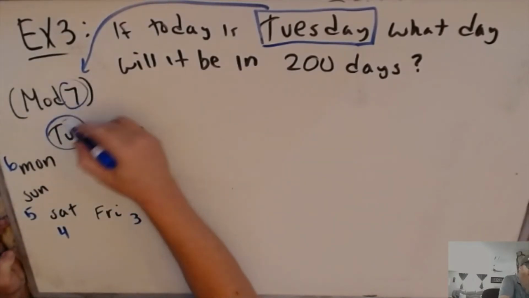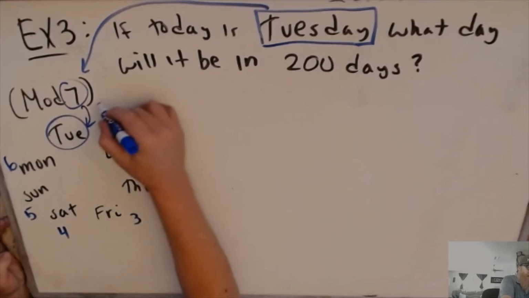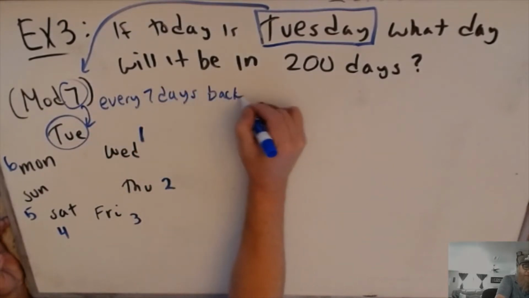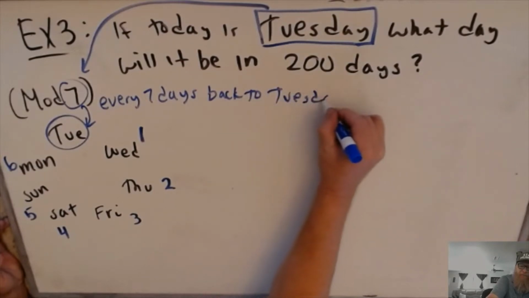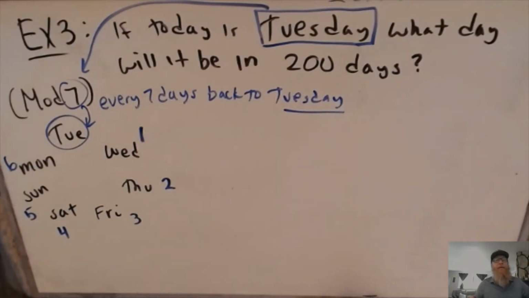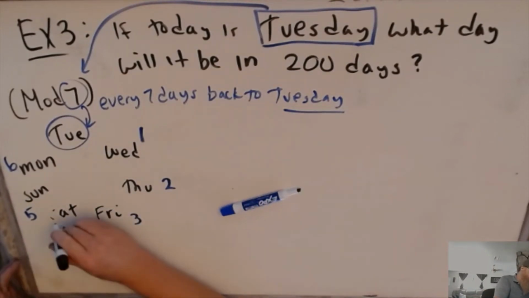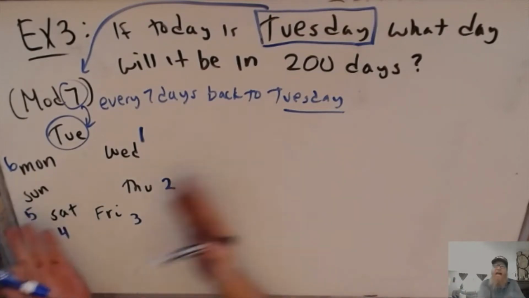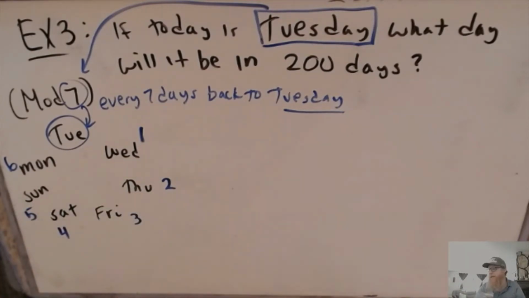Every 7 days, I'll be back to Tuesday. It's just going to go around and around. And you don't even have to worry about leap years, because even in a leap year, you still add the day of the week. We don't skip a day of the week or jump ahead a day of the week. It's still going to be the next day. So it's always 7, 7, 7, 7, 7.